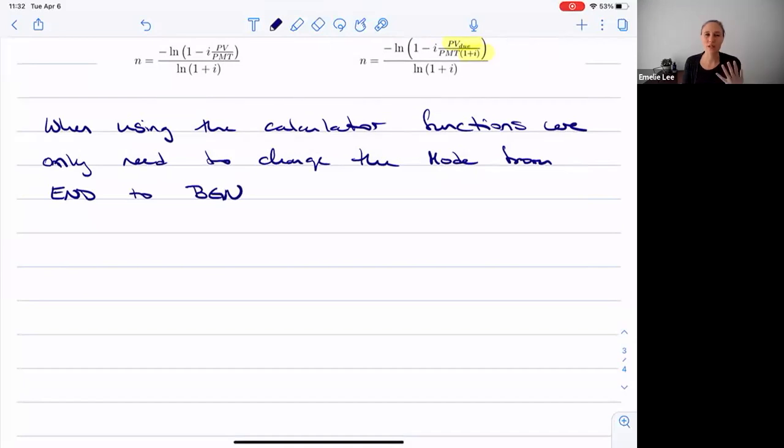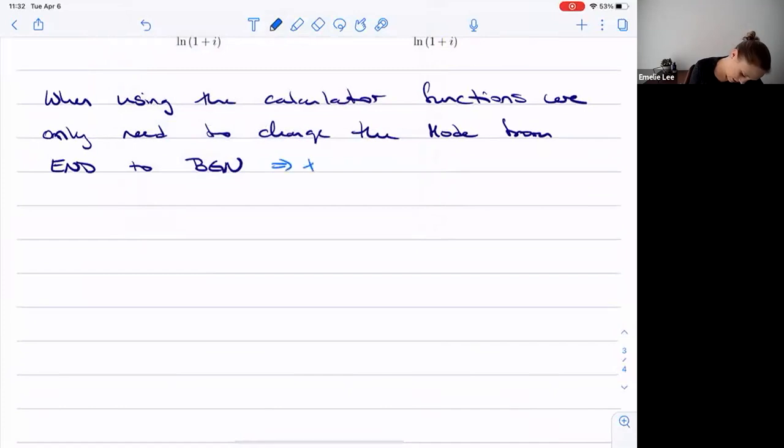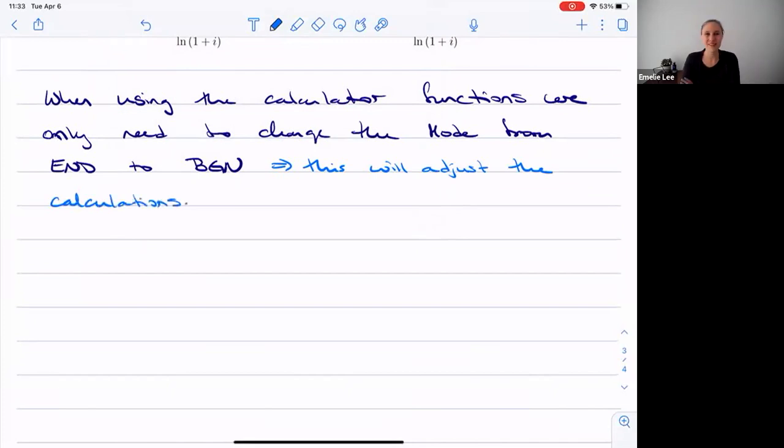And then that will adjust all the calculations. That sounds a lot easier than doing it by hand. So for this section, I'm only going to use the calculator, mostly in the interest of time. Okay, so I'm going to adjust the calculations by changing the mode.